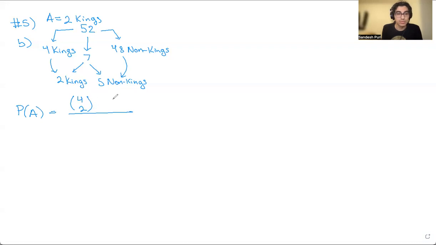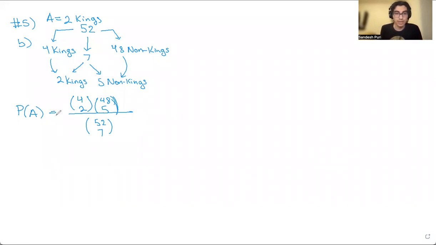Remember, we're picking 2 out of 4 distinct kings. Next, we want 5 non-kings out of the remaining 48. And the total number of combinations is still 52 choose 7. So the 52 choose 7 tells us how many different ways we can pull 7 cards from 52 if order doesn't matter.